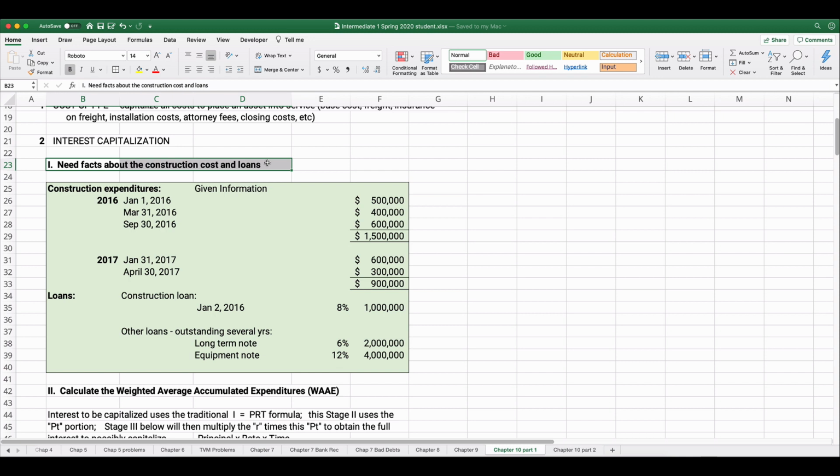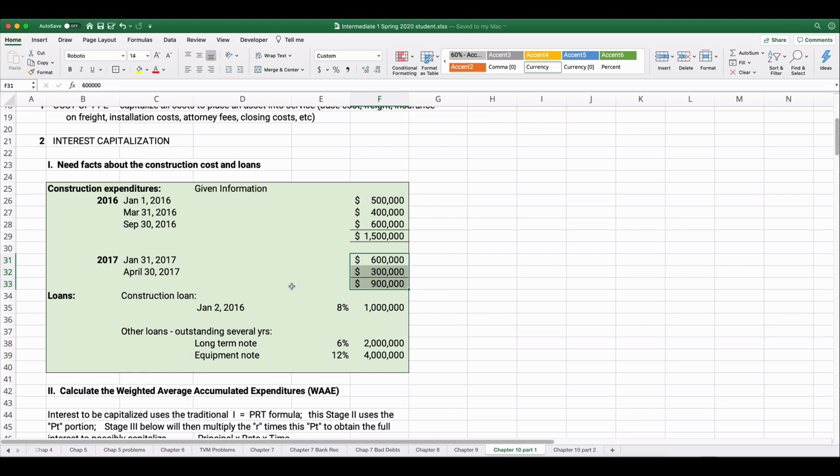We're going to build a building, and we have to make payments from January through April of the following year. So we're required to make a payment of $500,000 on January 1st, and then $400,000, and then $600,000. So a total for 2016, we're making $1.5 million. And then in January and April of the following year, we're making another $900,000 total.